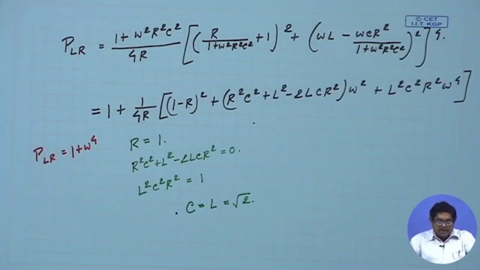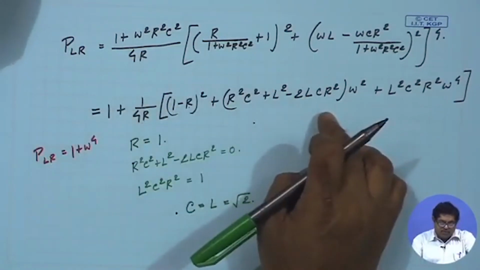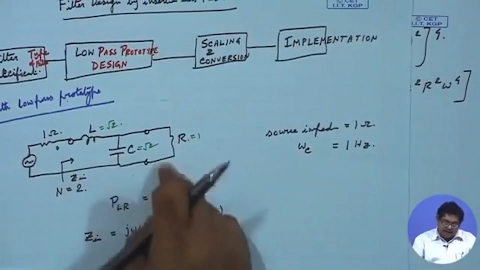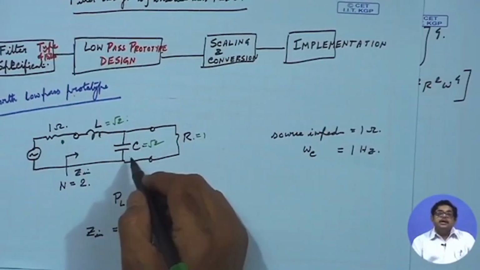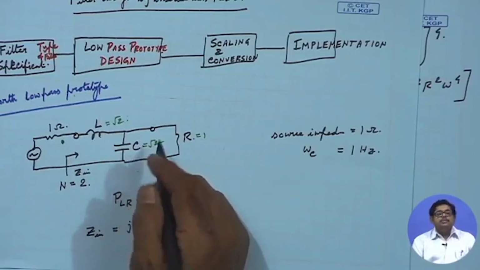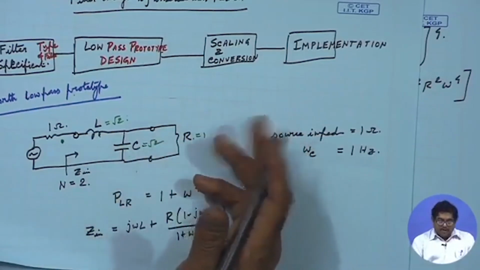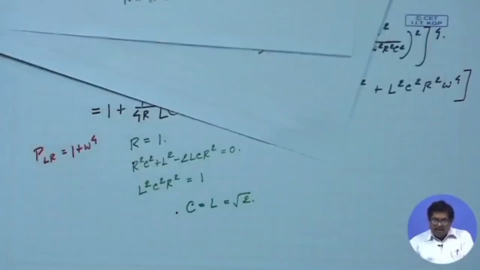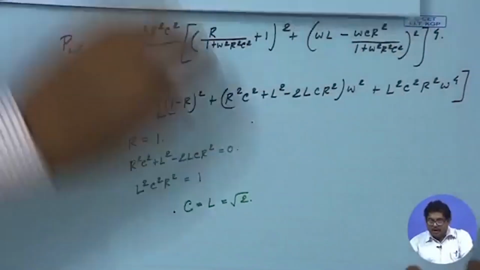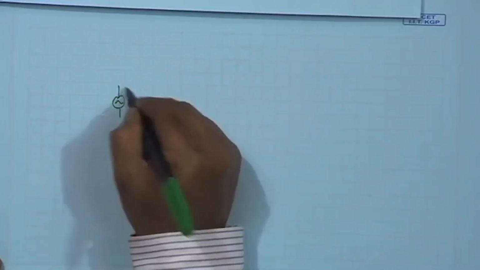You can see that this part is always true, that I have taken n equal to 2. Suppose I have n equal to 4. If I specify order n equal to 4, then we will have it like this.